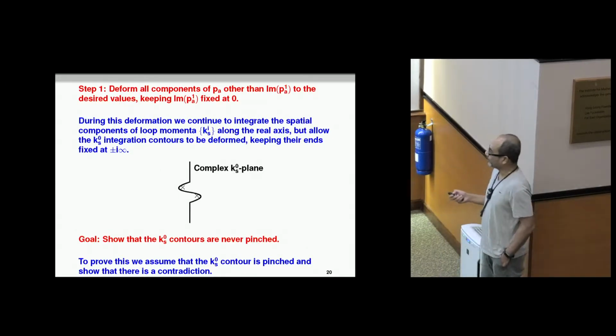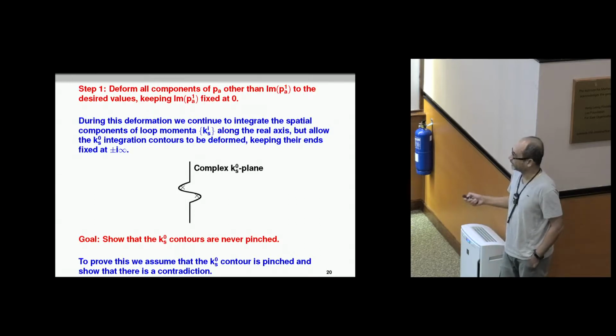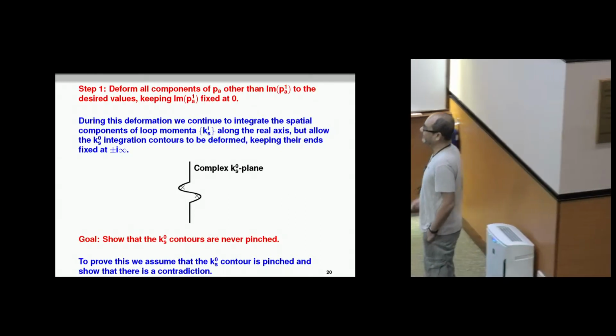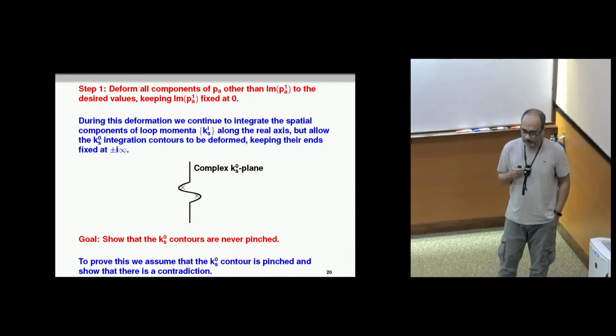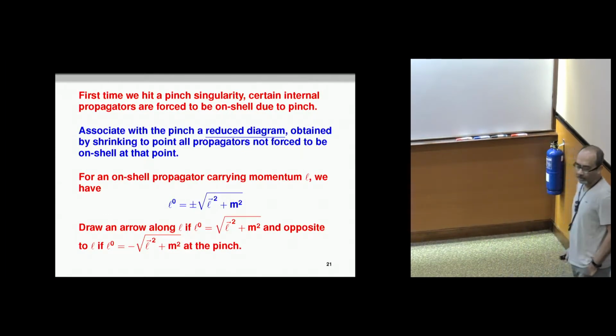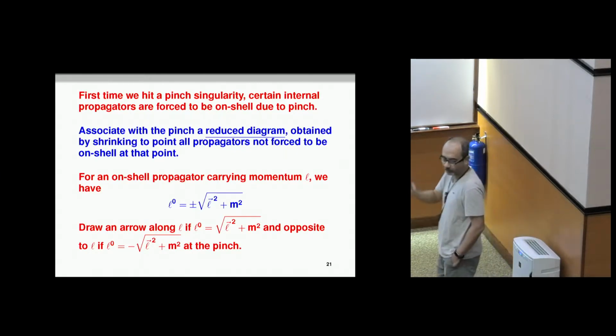And the way we will show this is to assume the opposite. We will assume that they are pinched, and then we will show that there is a contradiction. The contradiction will be with the fact that we are inside D. So let's suppose that we run into a singularity along the deformation.